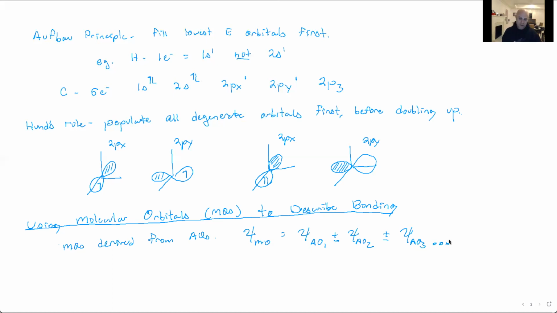Okay, so I can say, all right, I want to make a new molecular orbital. I can take all of these atomic orbitals, start adding and subtracting them. We're going to really limit most of our discussion in the class to instances where you combine two atomic orbitals, but there's no reason that you can't combine 20. And it's very common to see 3, 4, sometimes even 5 put together in organic chemistry.